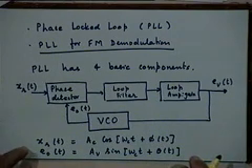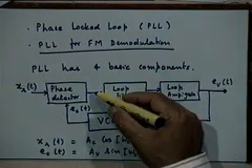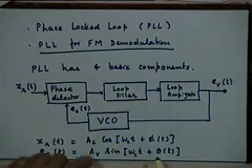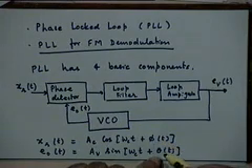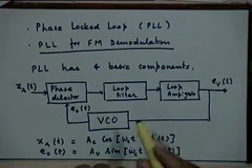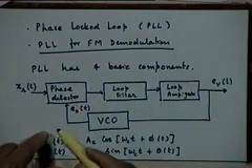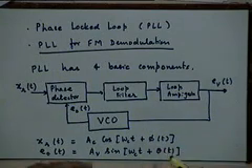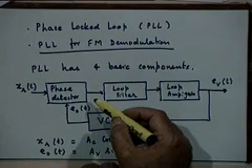right. And the phase detector is sensitive to the instantaneous phase difference between these two, right. So, it will be sensitive to phi of t minus theta of t, and the feedback loop, as any feedback loop will try to do, will try to drive this error to 0, right.